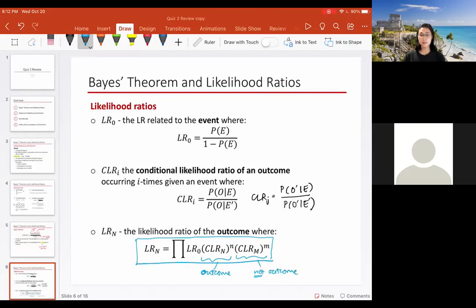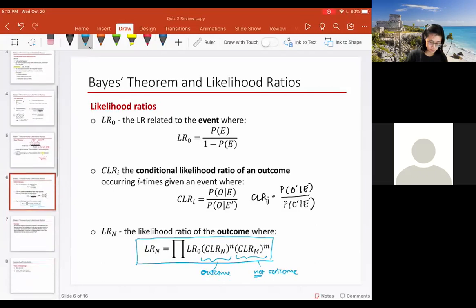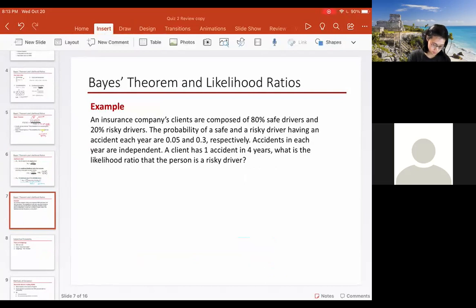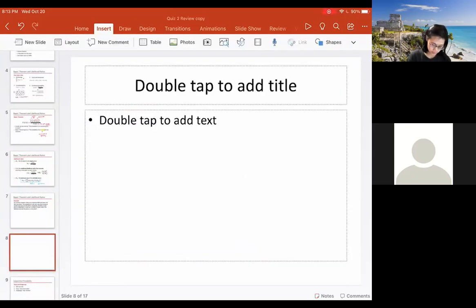And we'll see why this matters. Okay, so this is just a quick example. Let me see. All right, I'm going to add another slide just in case I need it.